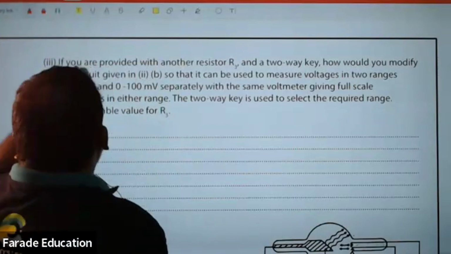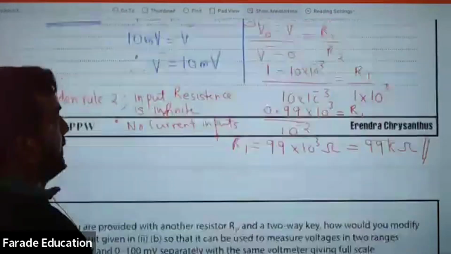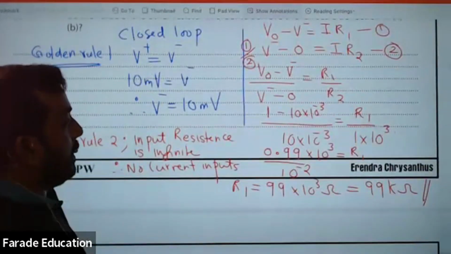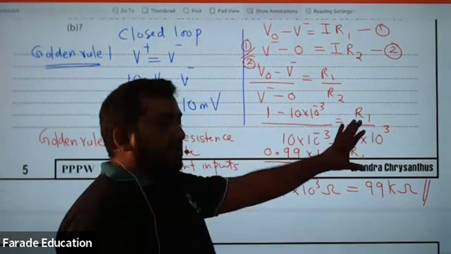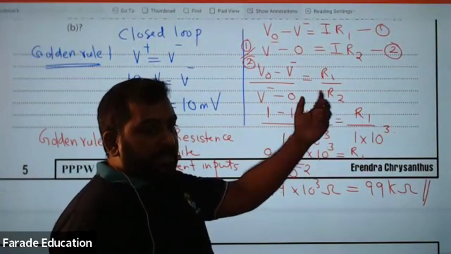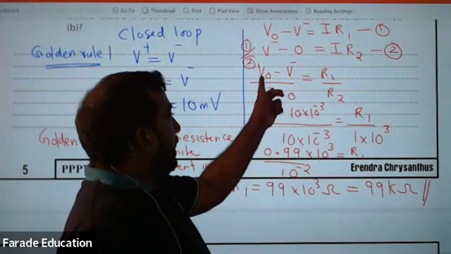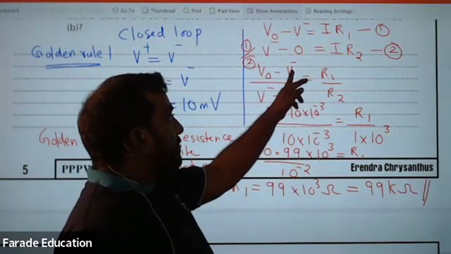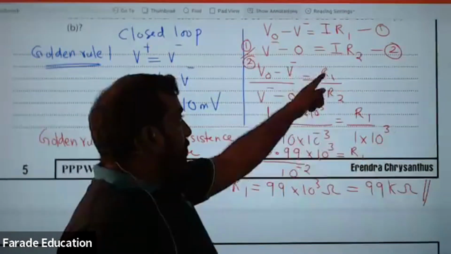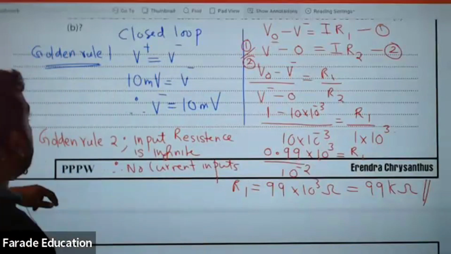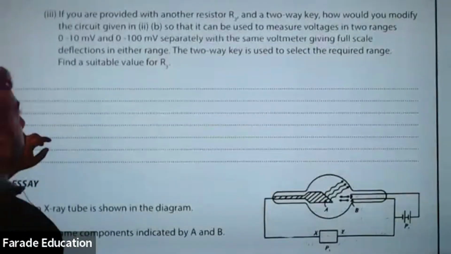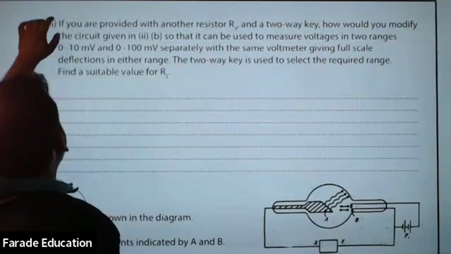R1, if you look at it carefully here, the smaller resistor, the R2 resistor is fixed. So what will change depending on the output? Depending on this V minus, your R1 will change. So what we can do is we can design something like this.